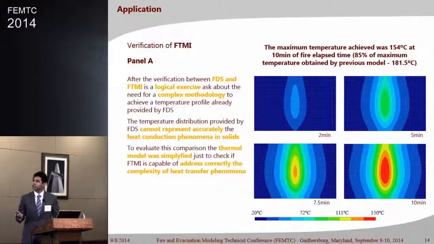If we use FTMI in full mode with the three-dimensional thermal model, we will have a maximum temperature of 154 C, which is only 85% of the maximum temperature obtained by the previous model and FTS, which is 181.5. So even with the same boundary conditions, now with the three-dimensional thermal model, we have a lot of heat spread over the panel surface.